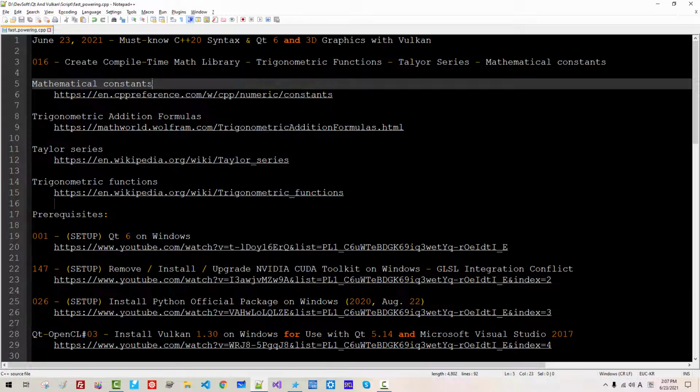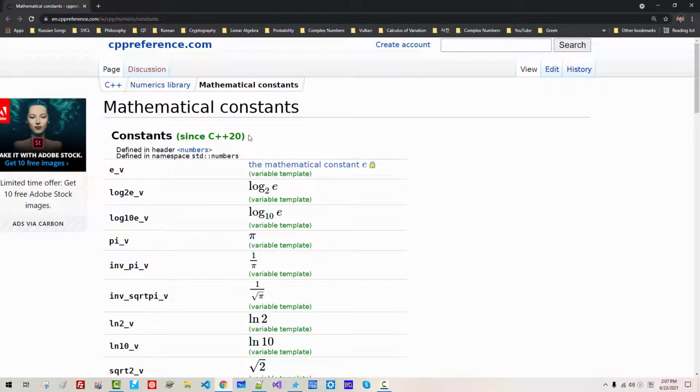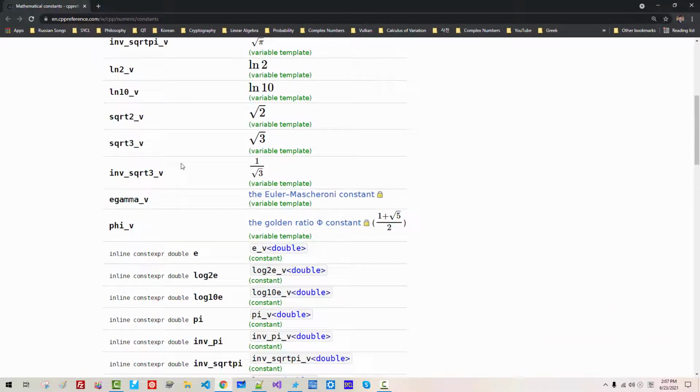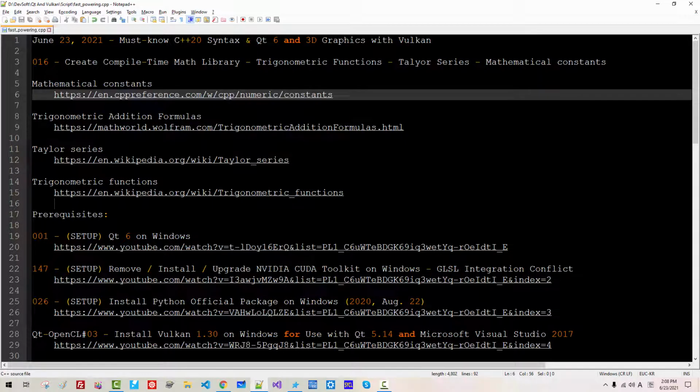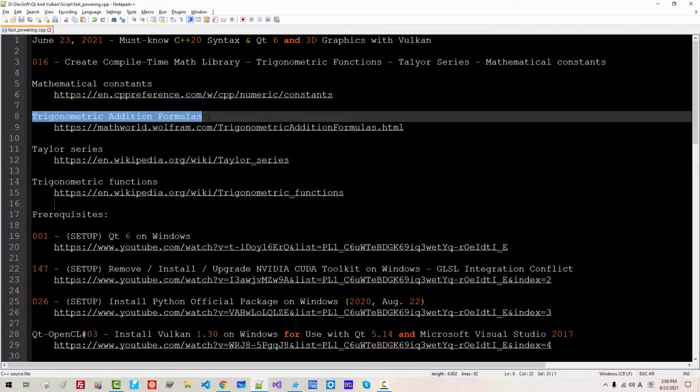For mathematical constants, please double-click this link. Since C++20, there is a new header file called numbers. In this header file, these math constants are defined. We will also use the trigonometric addition formula, this link.